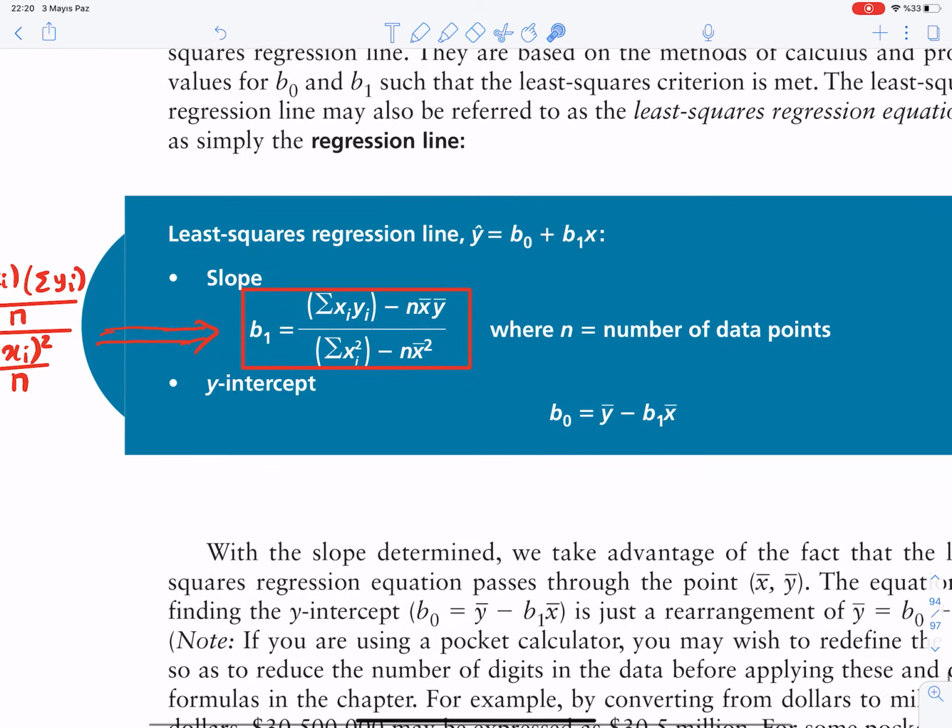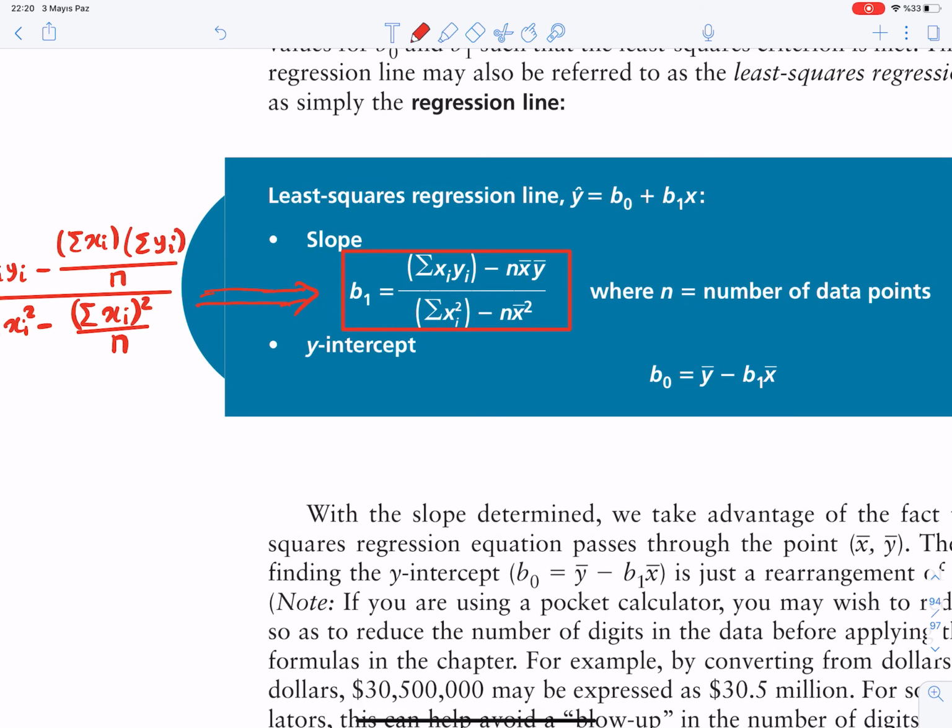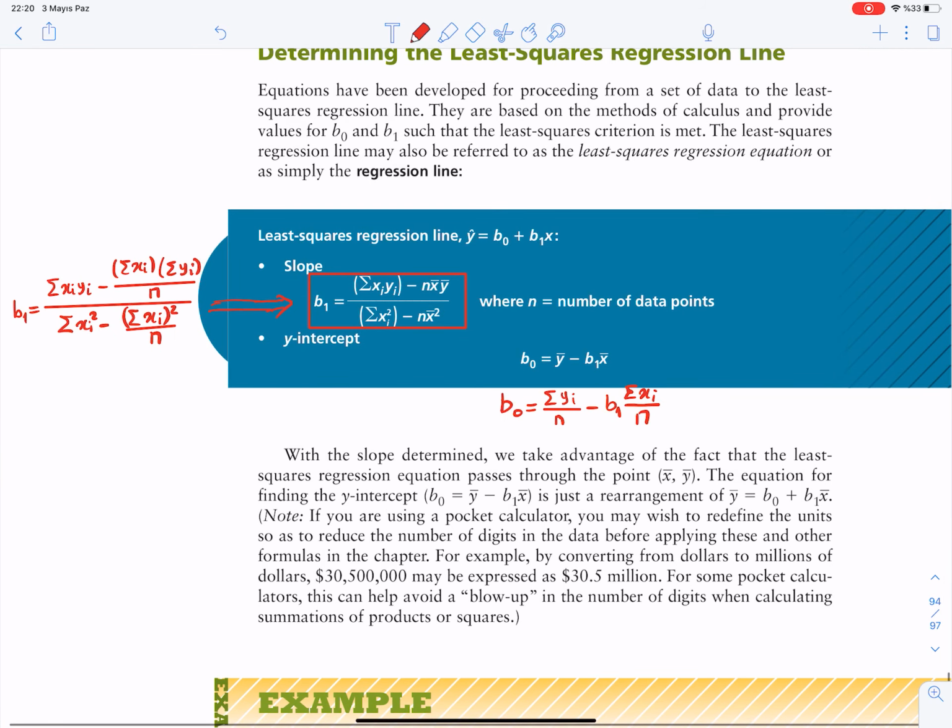As a result, I will also rewrite b0, the estimation of the intercept. I wouldn't prefer the mean of y, so I will write the sum of yi divided by n, minus b1 times the sum of xi divided by n. I prefer those formulas.